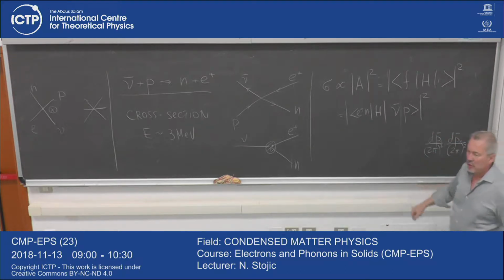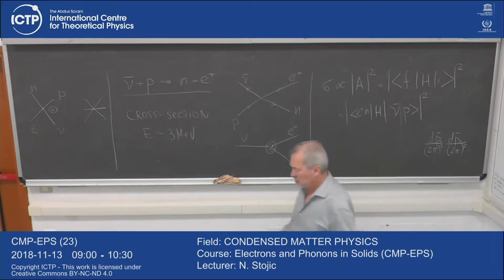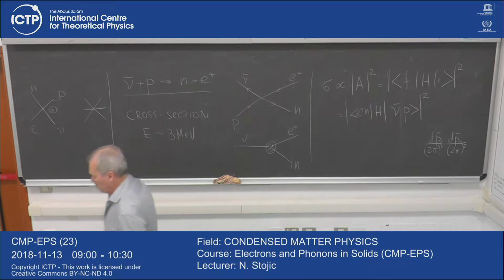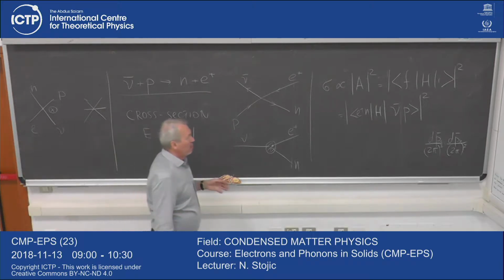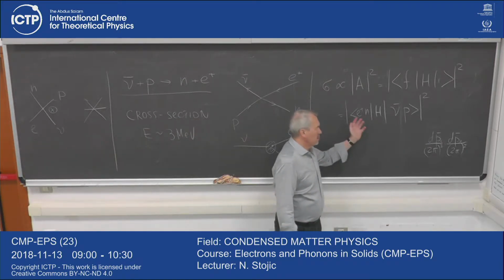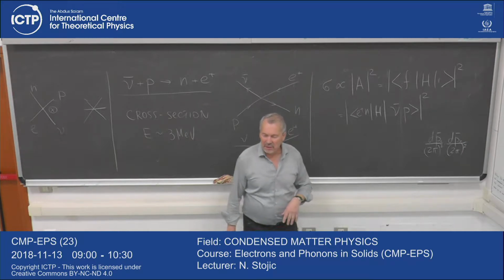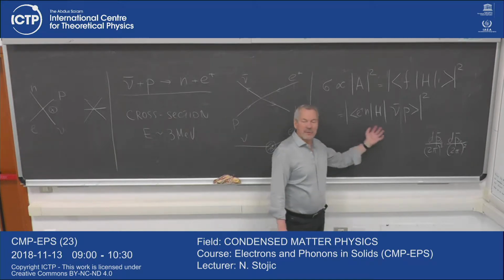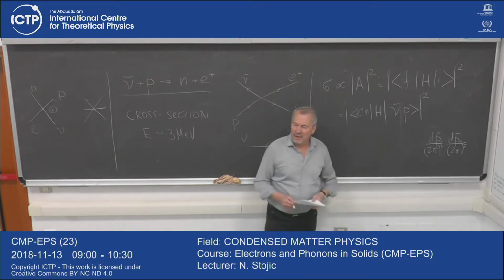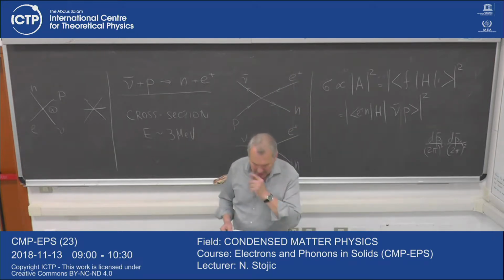And then you eventually make integration if you are interested not in differential cross-section but in total cross-section. So that's kind of an involved problem, right? You need to compute these matrix elements. You need to take into account spinors because these are fermionic particles. They have these degrees of freedom.